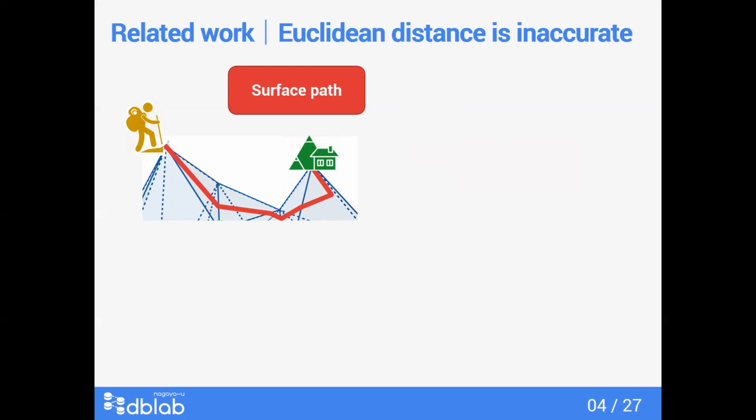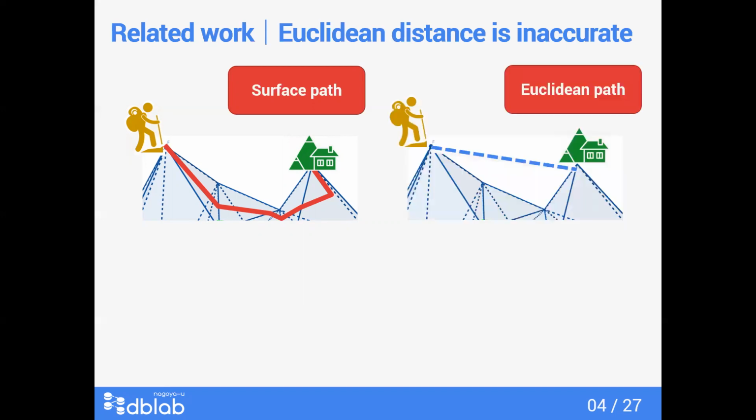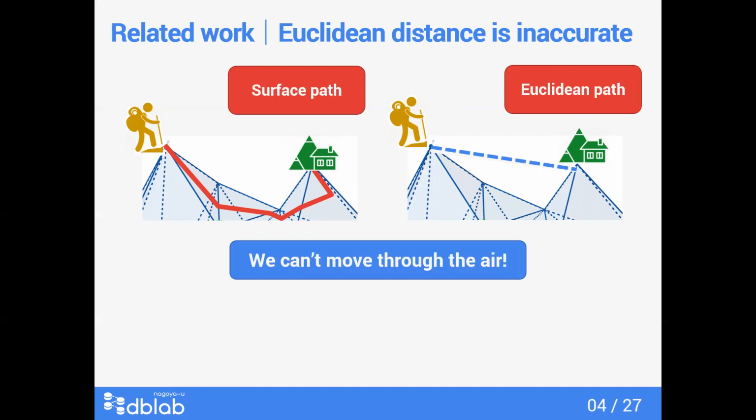On the other hand, the Euclidean distance between 2 points is a straight line, ignoring the terrain and solid objects. Of course, you can't move through the air. In other words, the error between the actual surface distance and the Euclidean distance becomes large when moving through the air or through an object.